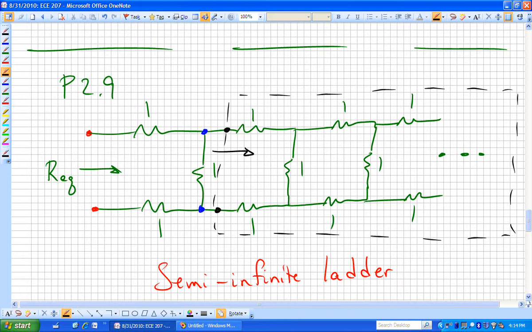If we see the same resistance looking into those black nodes as you see from the red nodes, and the reason that's true is because it's infinite in extent, then we can say that this resistance between the black nodes is our equivalent.